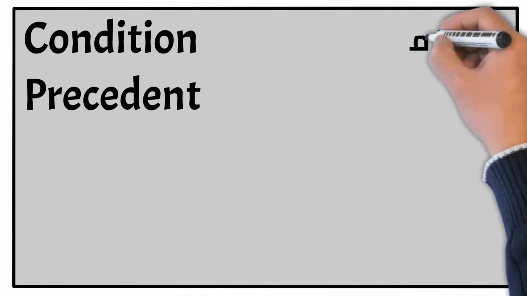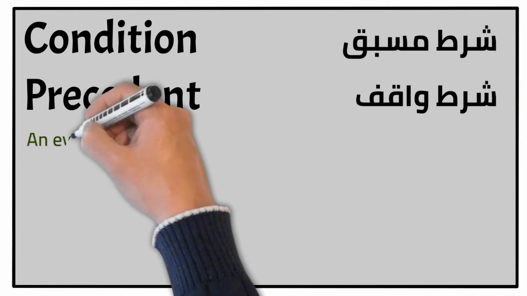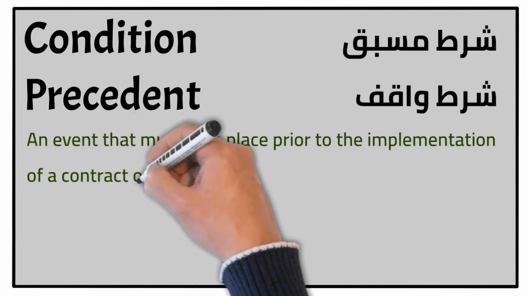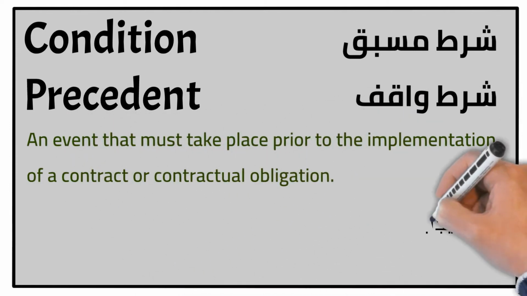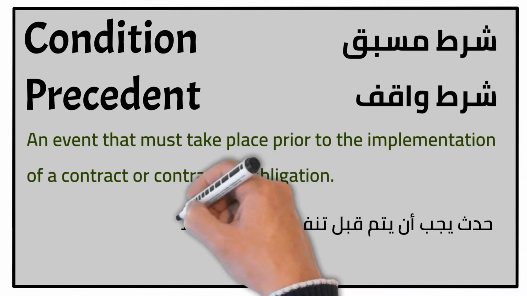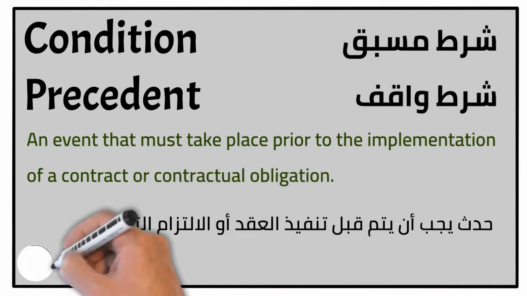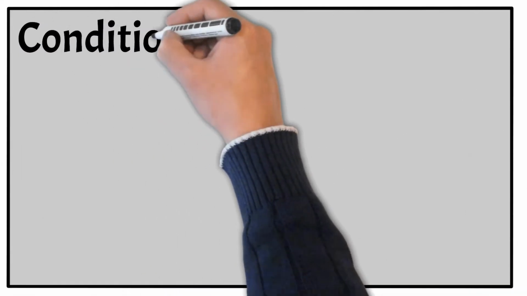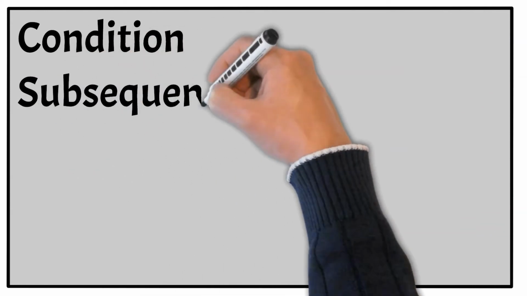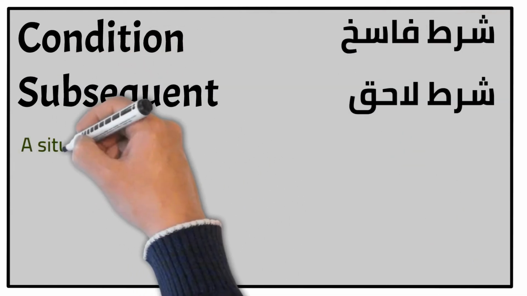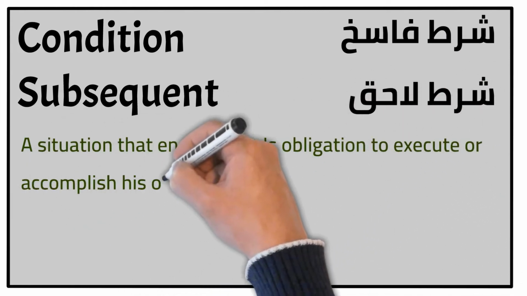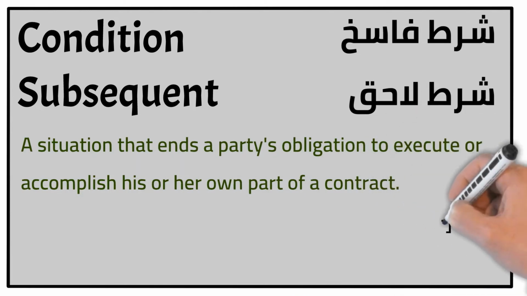Condition precedent. This term means an event that must take place prior to the implementation of a contract or contractual obligation. Condition subsequent. This term means a situation that ends a party's obligation to execute or accomplish his or her own part of a contract.